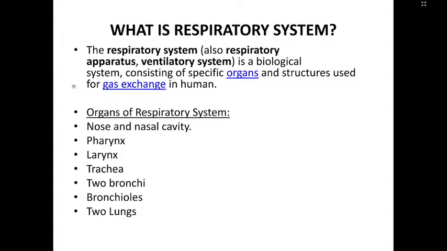You can also have acidosis and alkalosis. In response to acidosis or alkalosis, your respiratory system will respond appropriately to alleviate that acidosis or alkalosis. And there are a lot of other functions, and we have to know the anatomy first.